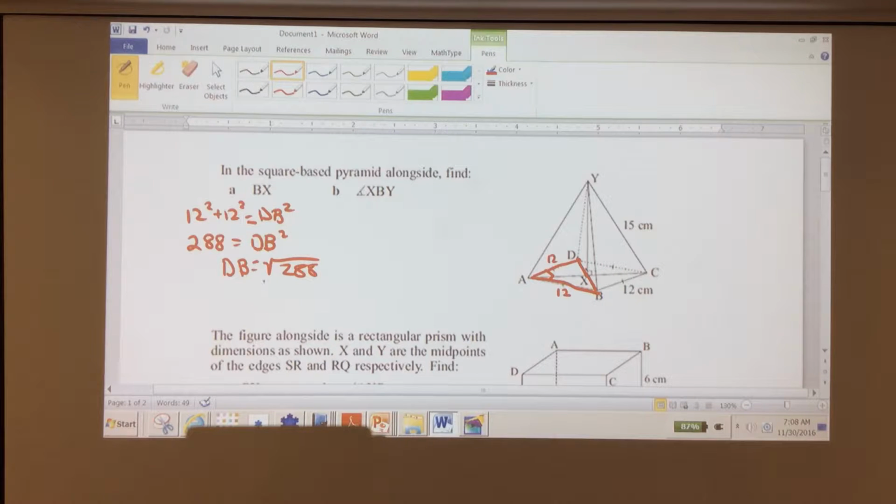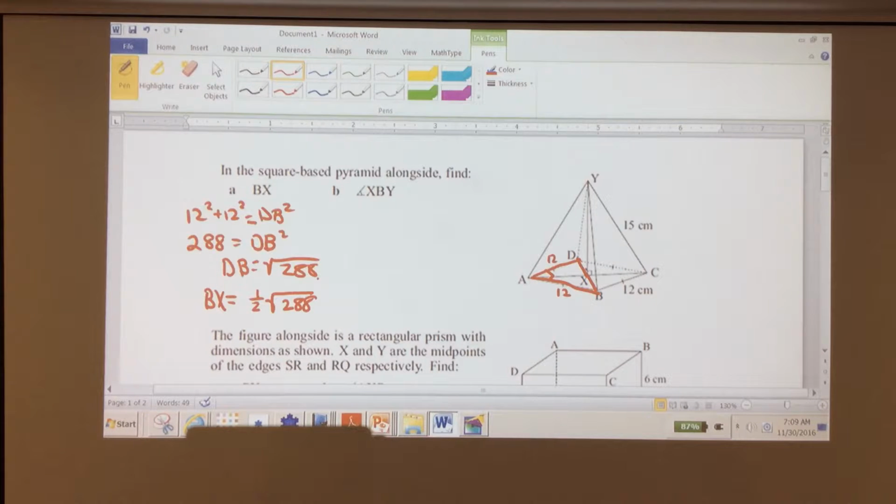And you can use your calculator to get some values here. But what we're actually interested in is not DB. We're interested in finding BX, which is half of DB. So BX, before I go to my calculator, is going to equal 1/2 the square root of 288.